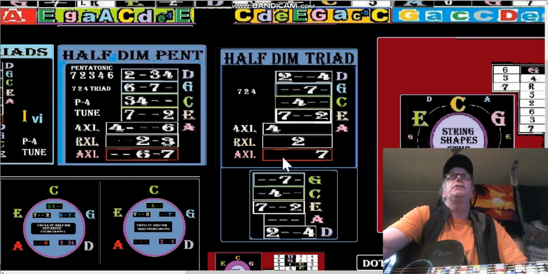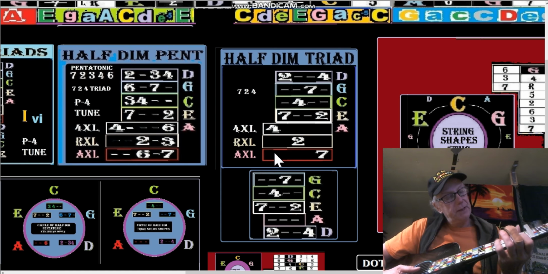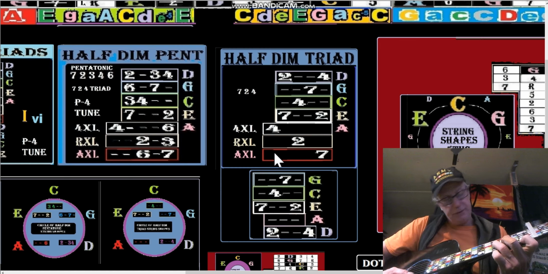I found it easier to do that instead of what I call the tritone substitution off of that second minor, because you remember when you have the second minor, you got the D minor here. If we substitute the seventh for the sixth, we get that.